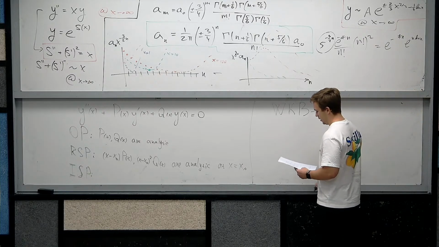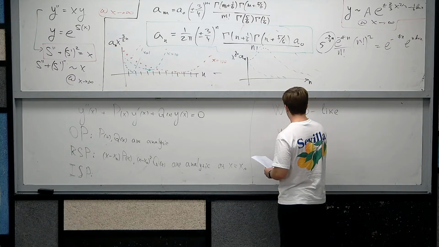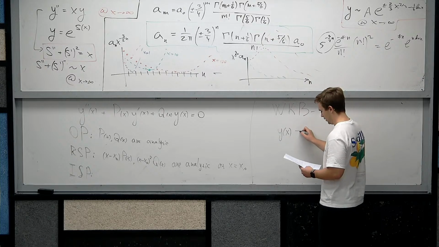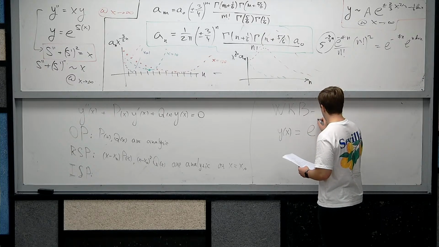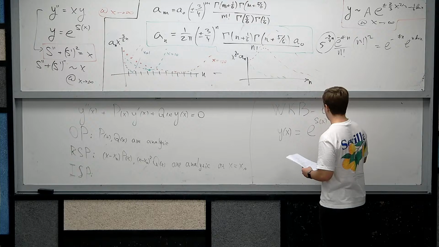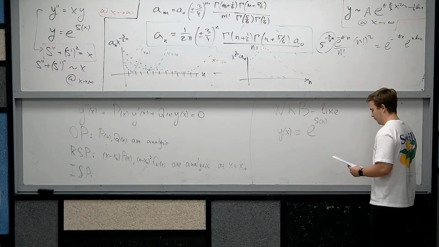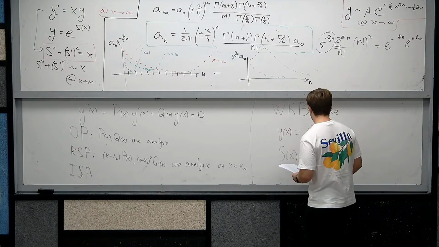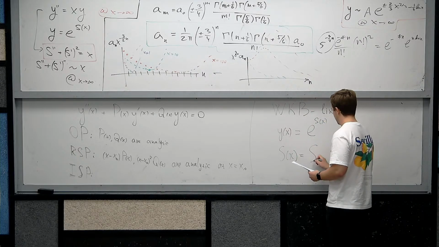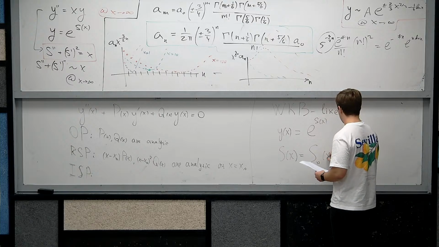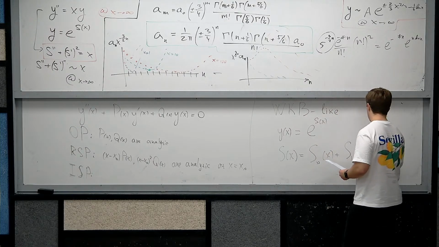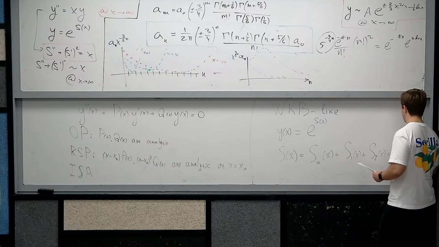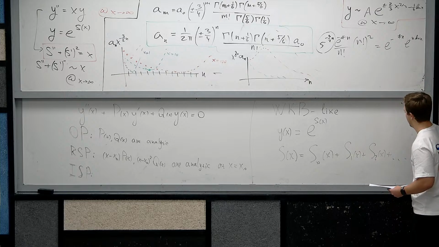So, for this method, we will try to find the solution in the form of e to the power s of x, where s of x can be expressed in this way: s naught of x plus s1 of x plus s2 of x, and so on.